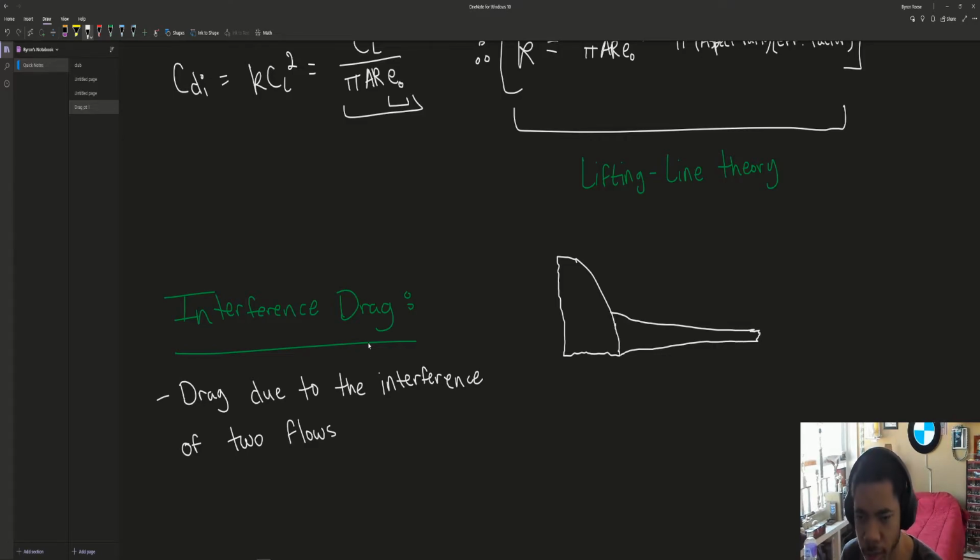We're not going to go all the way down. But what you're going to have is this region of interference right here. And the reason why is because you have the flow along the fuselage right here, and then you have the flow along the wing right here.